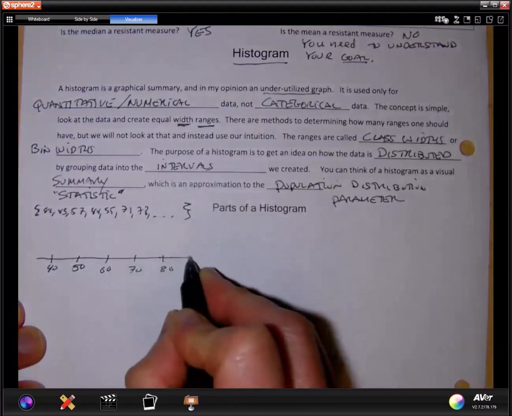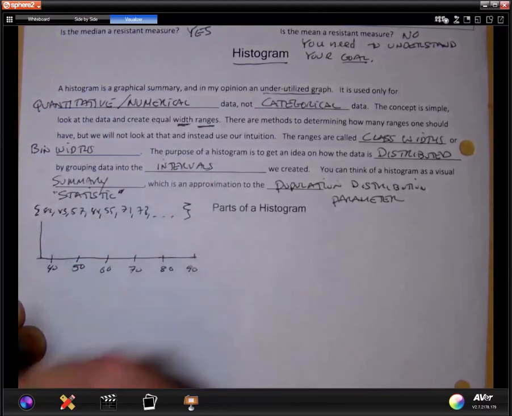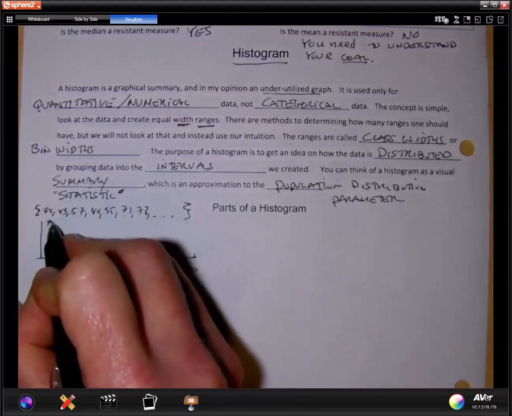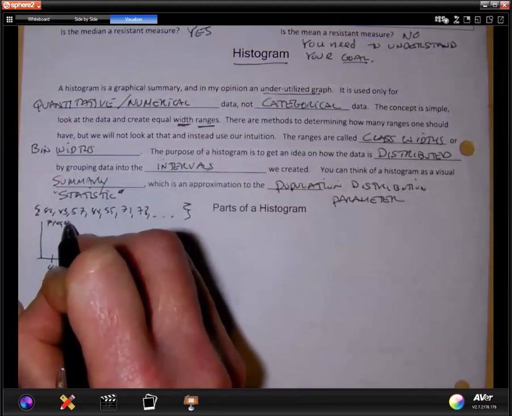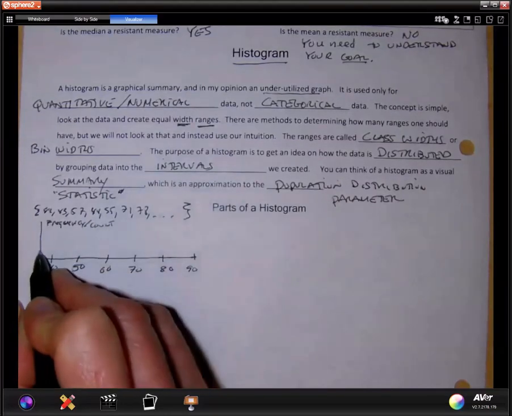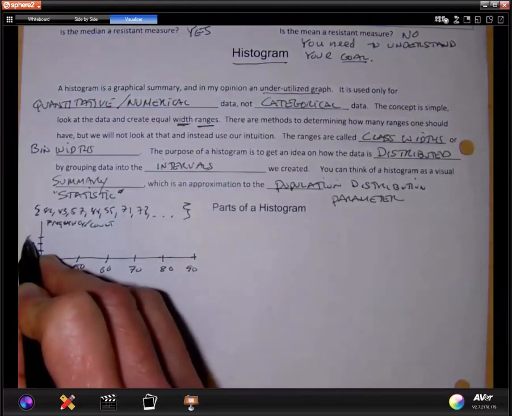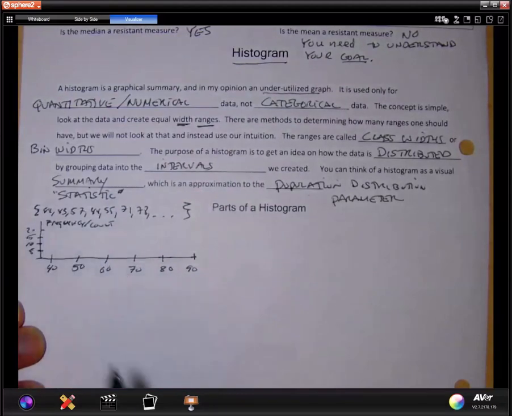Okay, like so. And then on this axis goes what's called frequency or count. So for example, up here 5 and then 10, 15, 20, things like that.